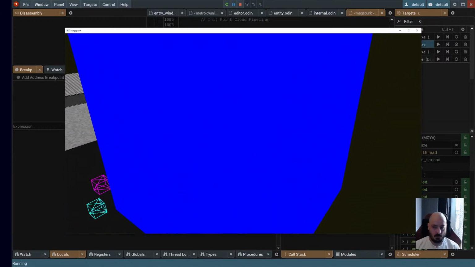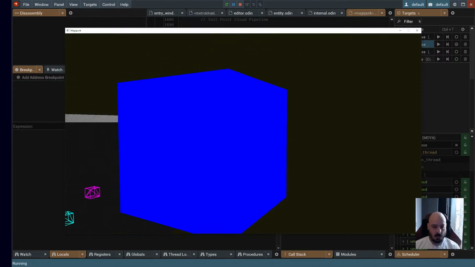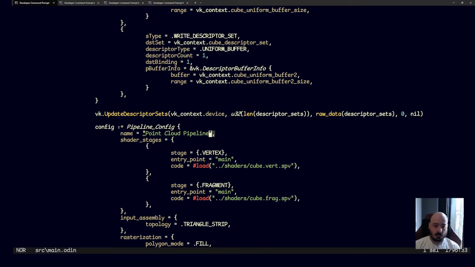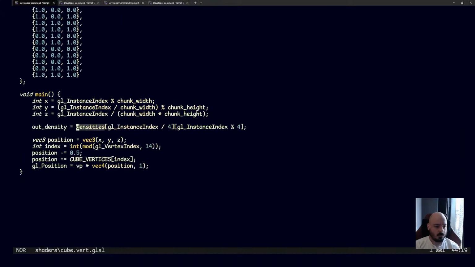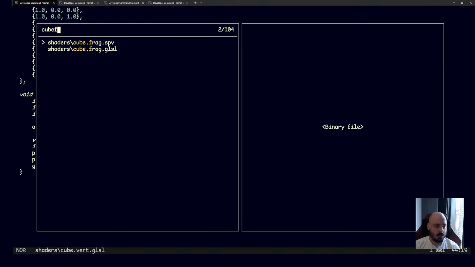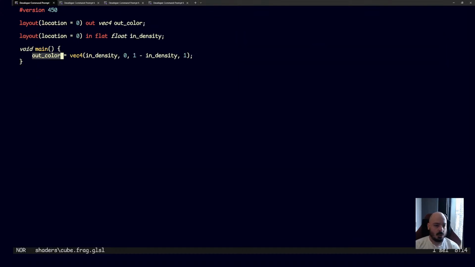Right. Cool. So I think we're drawing cubes, because that's just a big cube of cubes, I guess. So the problem is we're not scaling, we're not doing anything with the color based on the density. Looks like the density value isn't being set properly though. Right, because in our cube fragment shader, we still should have some red in some of those cubes, but they're all blue.